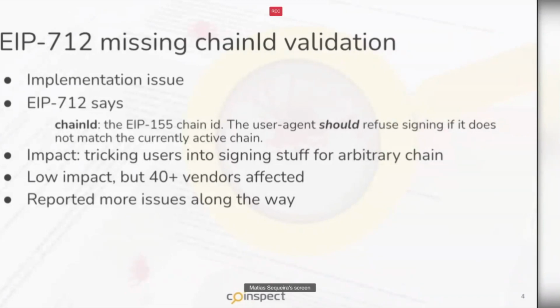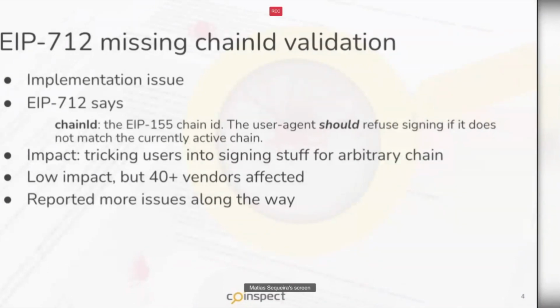But what's interesting here is that it affected more than 40 wallet vendors. I think that there were just 3 or 4 that were actually validating this problem. One of them was MetaMask, which most of the time we consider a security standard because they do a pretty good job at it.